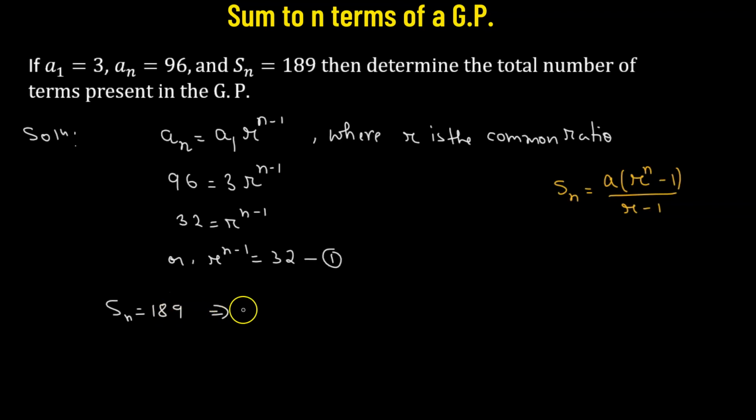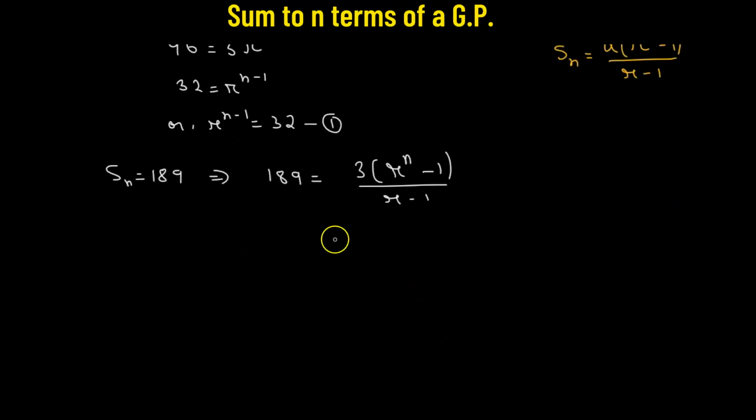This would mean that 189 equals the first term, which is 3, times r raised to the power of n minus 1, divided by r minus 1. Dividing both sides by 3, we have 63, and cross multiplying with the denominator, 63 times r minus 1 equals r raised to the power of n minus 1.